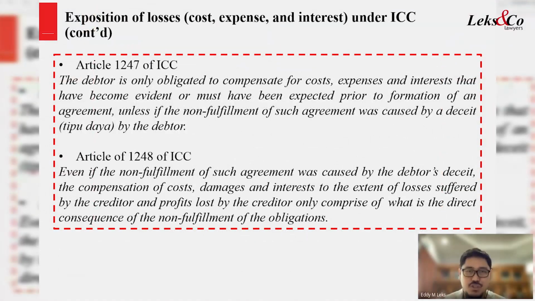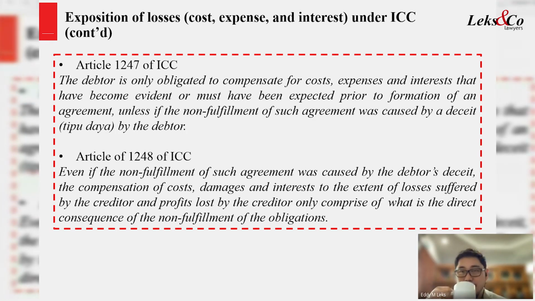There are restrictions. So the debtor is only obligated to compensate for costs, expenses, and interest that have become evident or must have been foreseen, yeah, must have been expected or must have been foreseen prior to the formation of an agreement, unless the non-fulfillment of such agreement was caused by deceit.